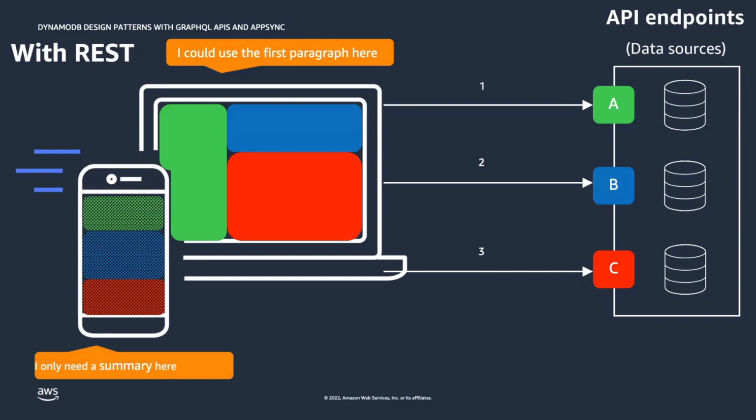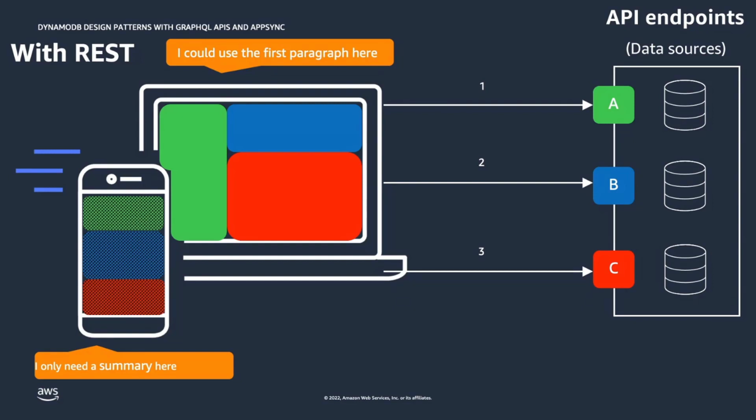So you could have three different, maybe paragraphs and images and user data. And so what typically happens here is that you have your application on your desktop that displays a lot of data, so that application typically fetches a lot of data. On your mobile application, you have a version of the same application, but it's running with different requirements, right? It has smaller real estate, so it doesn't necessarily need to show as much data, doesn't need to retrieve as much information to display to users.